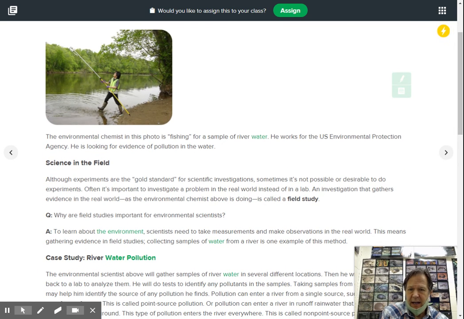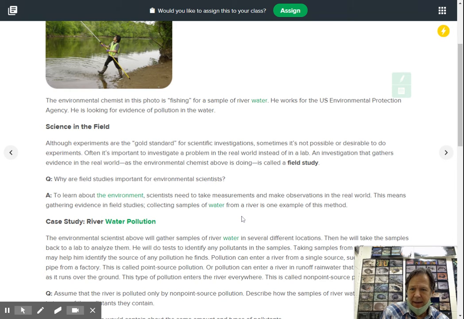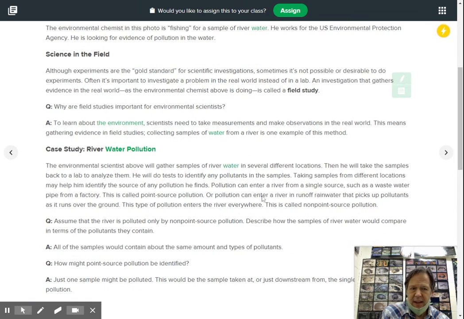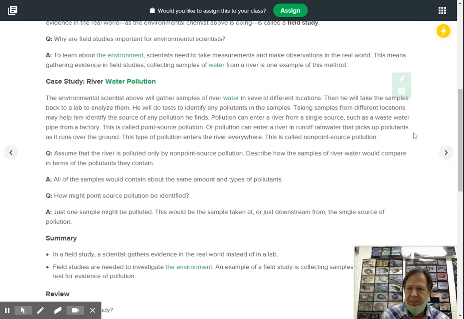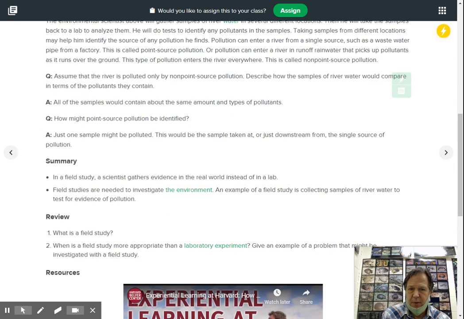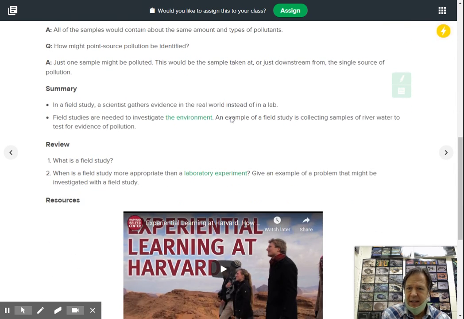They go through it down here, what it means to be in the field. And they give an example: if you're going to be looking at river pollution, you need to be collecting samples of water from the river. You're not going to recreate that in a lab setting if you can actually be in that actual location. They go through this with water pollution. You can read through that.